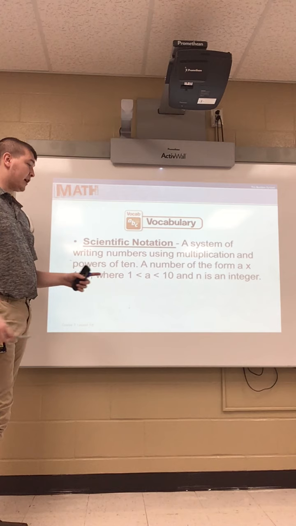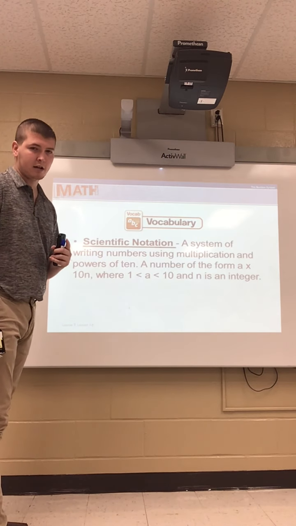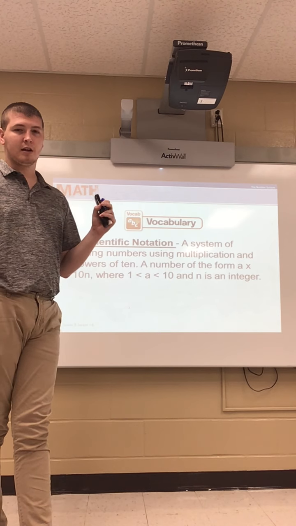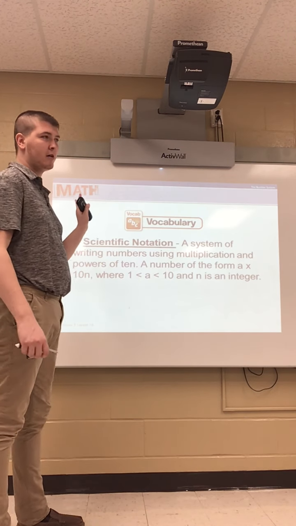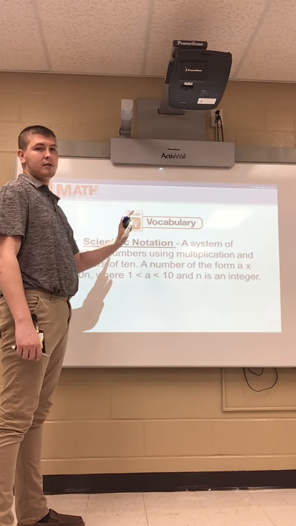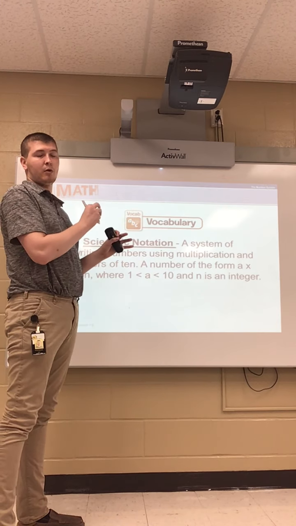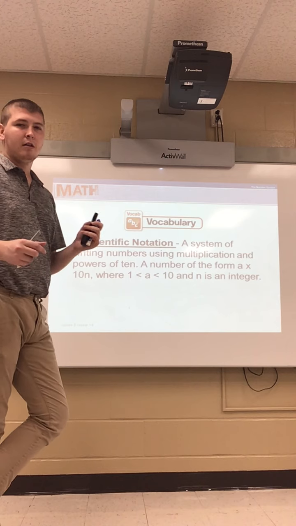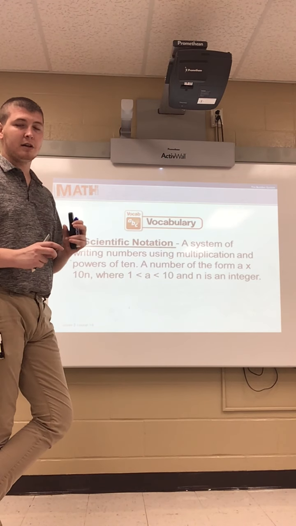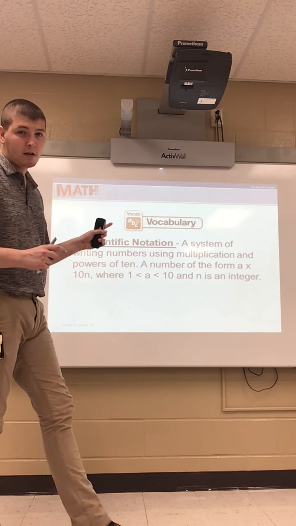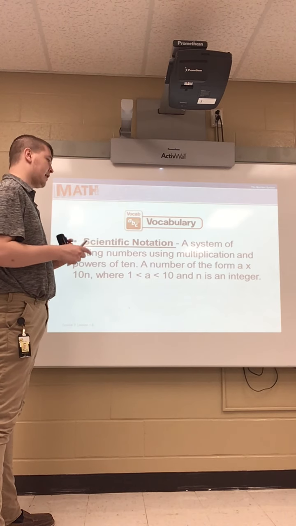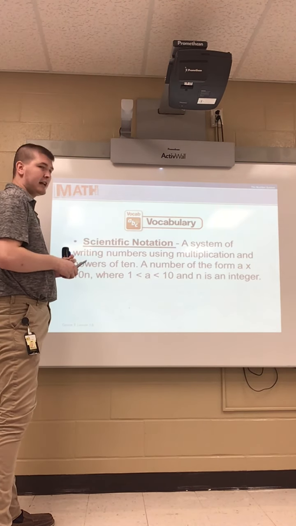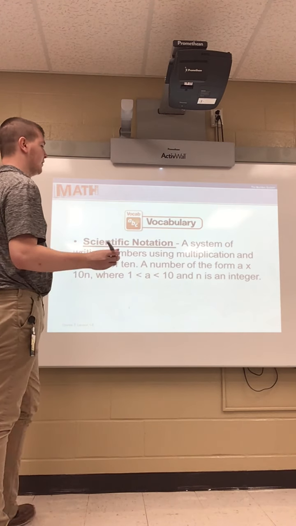Where a has to be, this is very important, that number you're multiplying, usually a decimal, times 10 to some exponent. All the time, that a needs to be between 1 and 10. If it's not, then we need to move it over till it is and adjust our exponent accordingly.